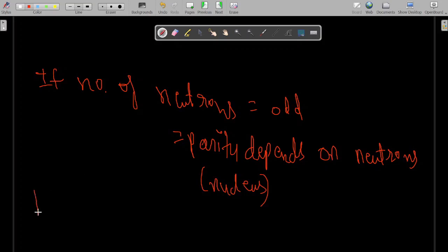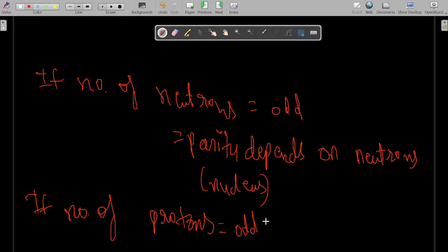And if the number of protons is odd, then what will happen? The parity of the nucleus depends on protons.